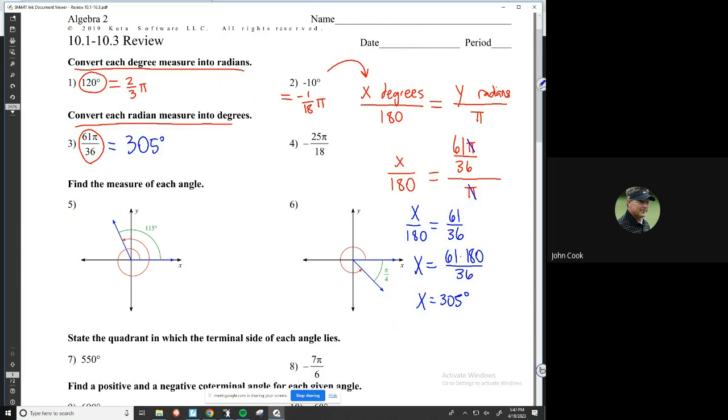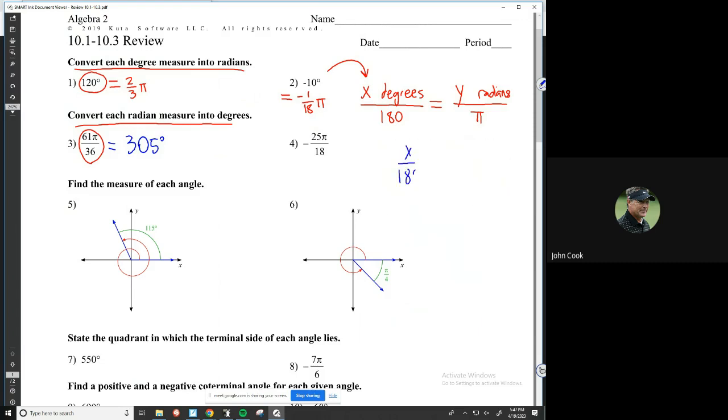And you can do the same thing with the next one. So x over 180 is equal to the y value, which is negative 25 over 18 pi, divided by pi. Do you remember what this side does? That little pi just cancels out the other one.